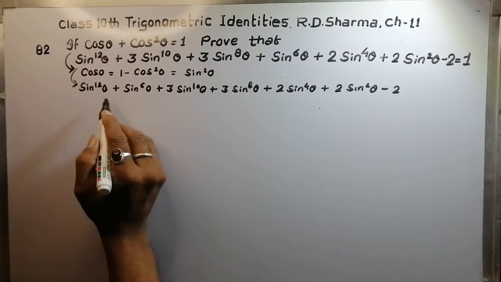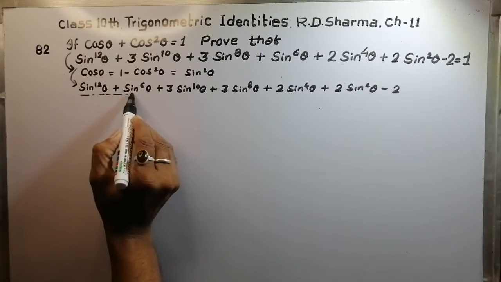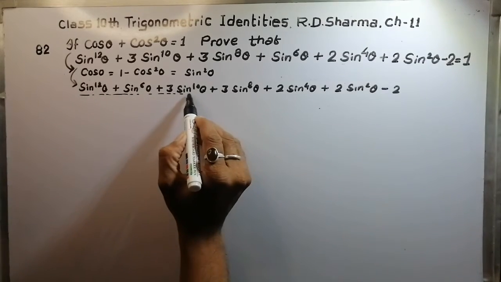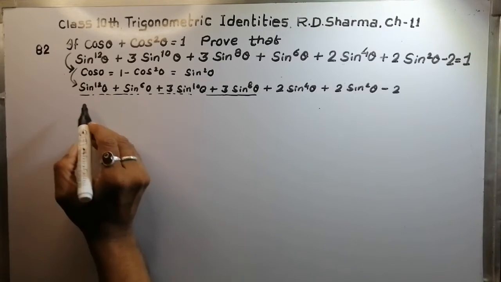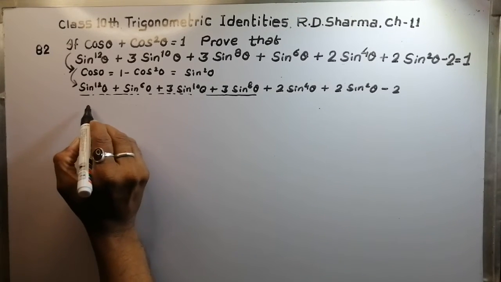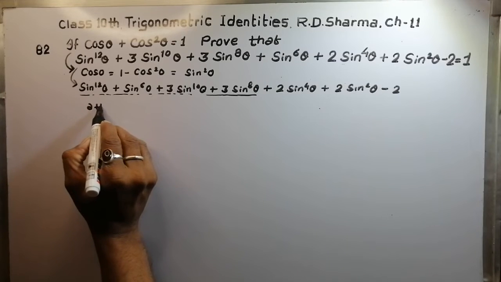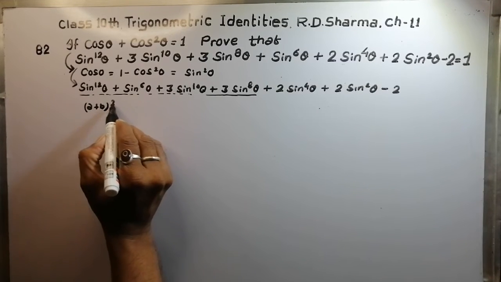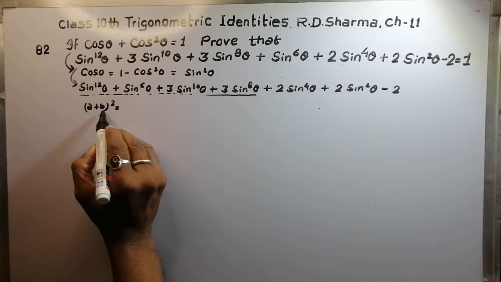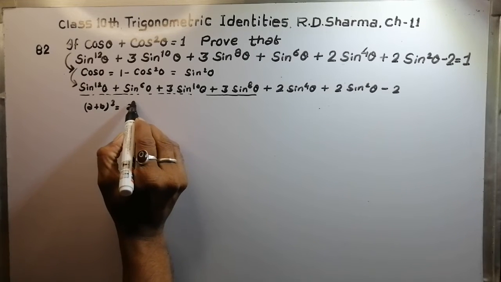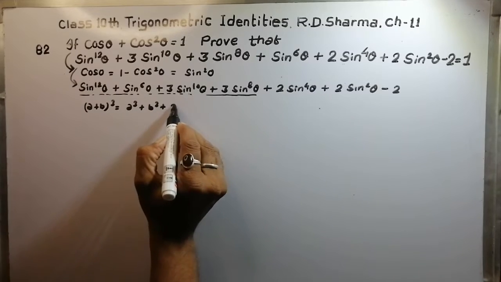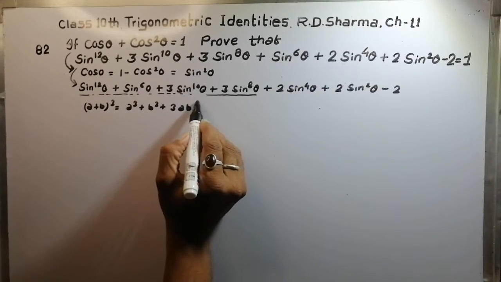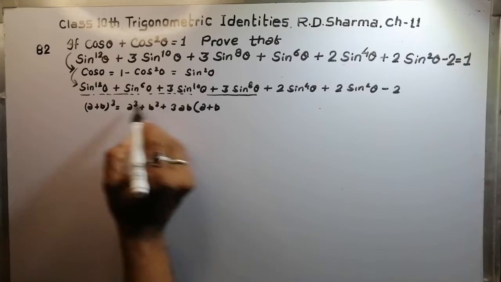And if we see the terms and compare them with a plus b whole cube, the value of a plus b whole cube is equal to a cube plus b cube plus 3ab into a plus b.